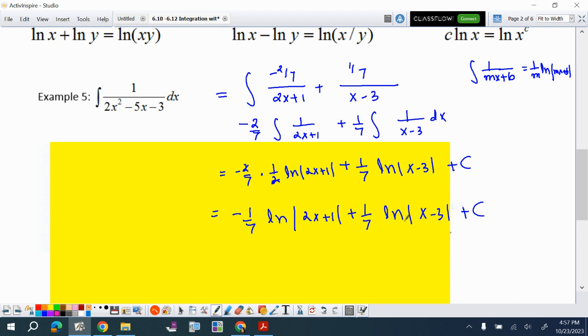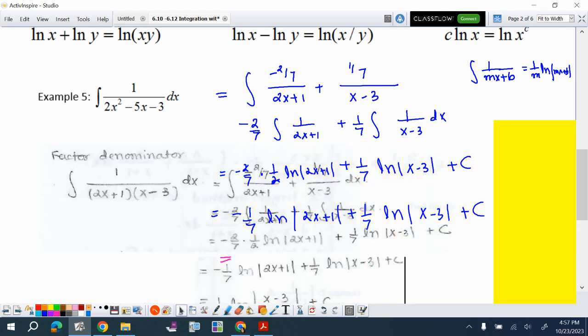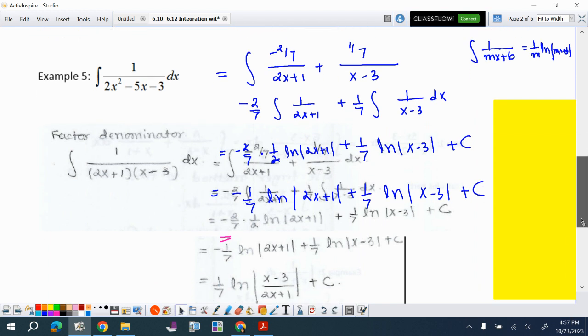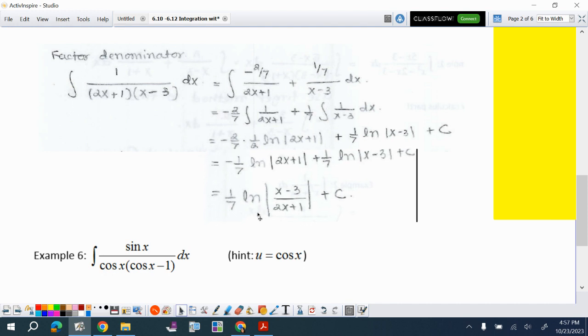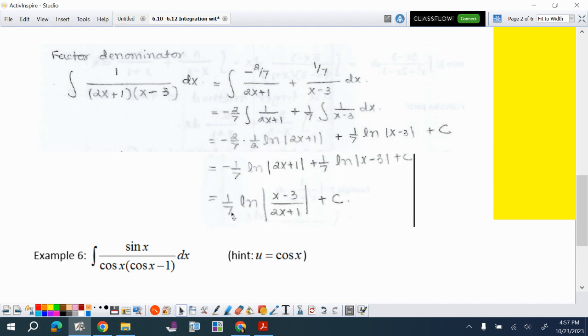You will less likely see this as an answer because log minus log is combined as a single log. So let's check it out. The answer is here. You combine two logs, and it is 1/7 ln x minus 3 over 2x plus 1. The negative 1 comes in the denominator, the positive one stays in the numerator.